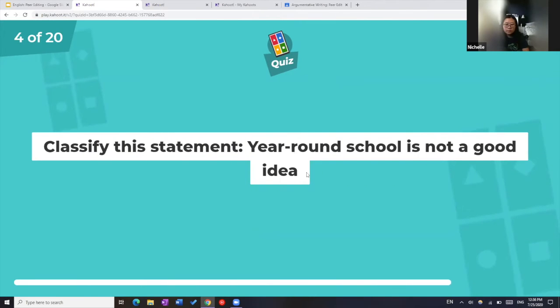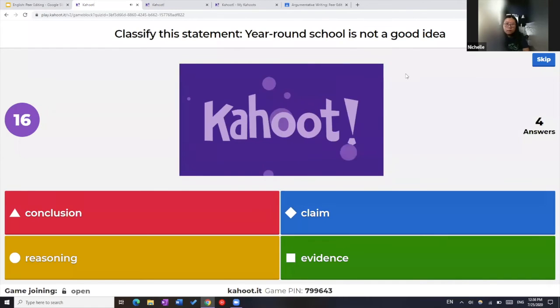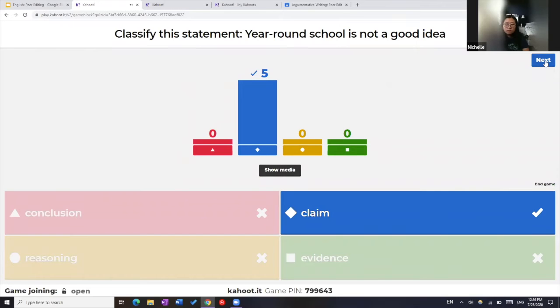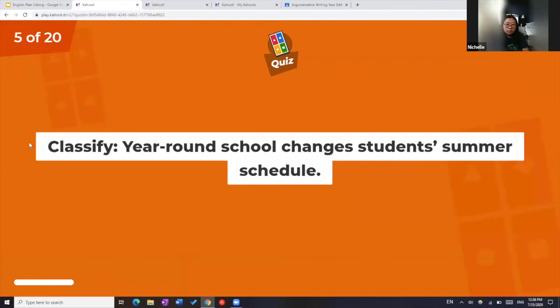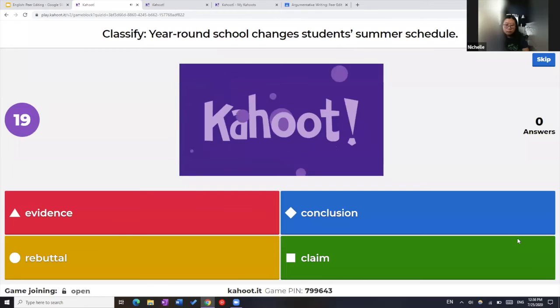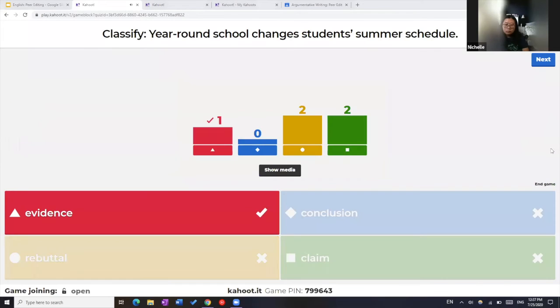Okay, so for this one, classify what type of statement this is. Nice. Looks like there's a tie. Okay, so for this one, it looks like some people thought it was conclusion, some people thought it was a claim, but this is actually evidence because it's supporting the previous point that year-round school is not a good idea.